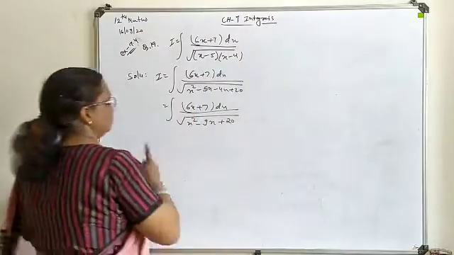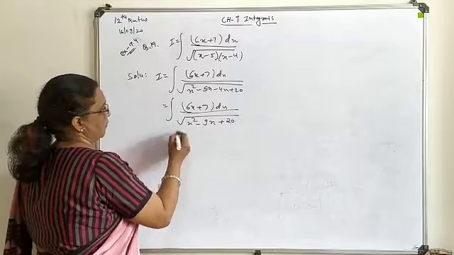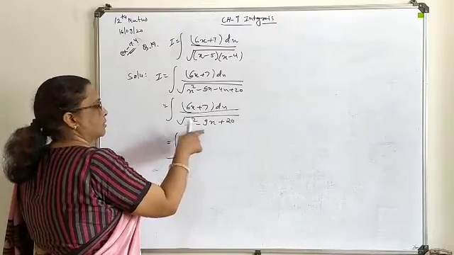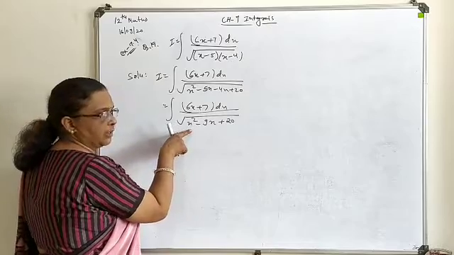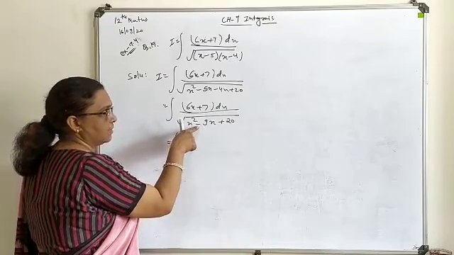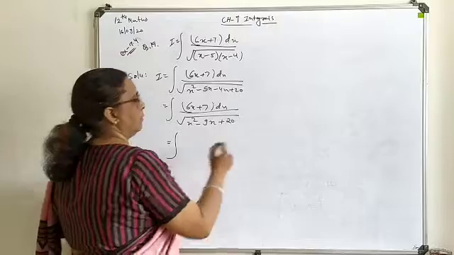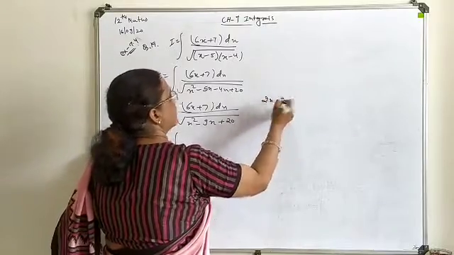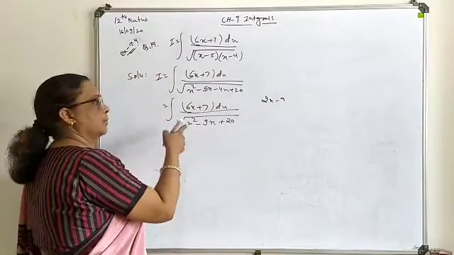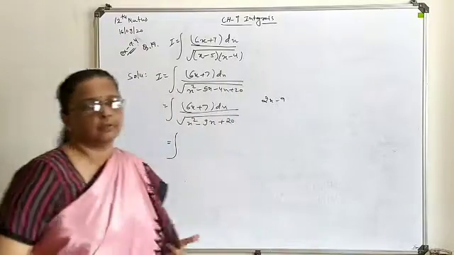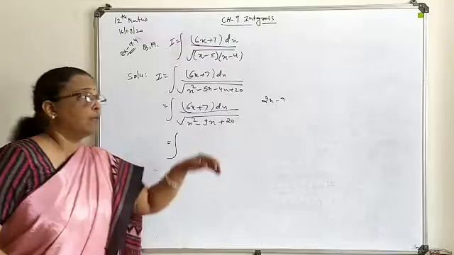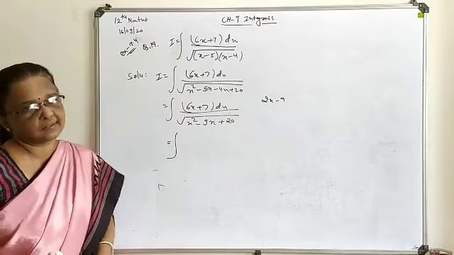Now first we will think about the differentiation of this denominator term, x square minus 9x plus 20. So what will you have? 2x minus 9. This is compulsory in the numerator to convert the given question in terms of t, as we have done in the last case.